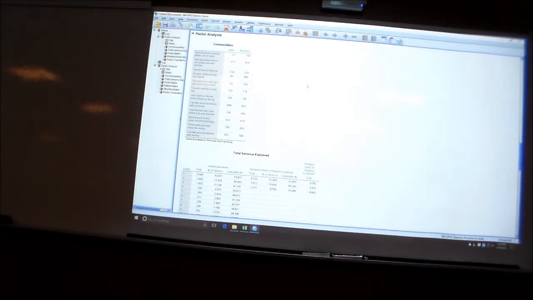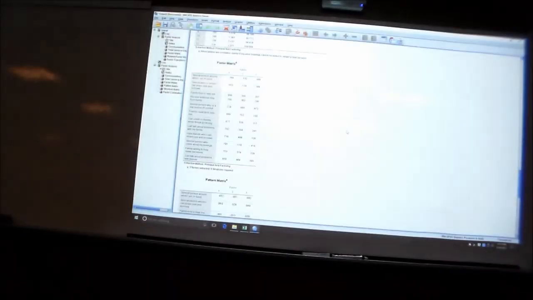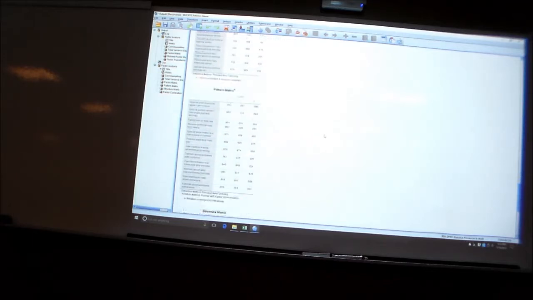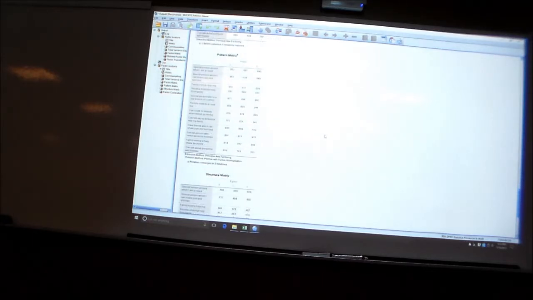Our communalities table with our extraction, is this going to be different than what we got before, Sean? Nope. Doesn't matter, right? We're just playing around with the rotation. The extraction factor matrix, the unrotated factor matrix, is going to be the same, but then we get down to our pattern matrix.